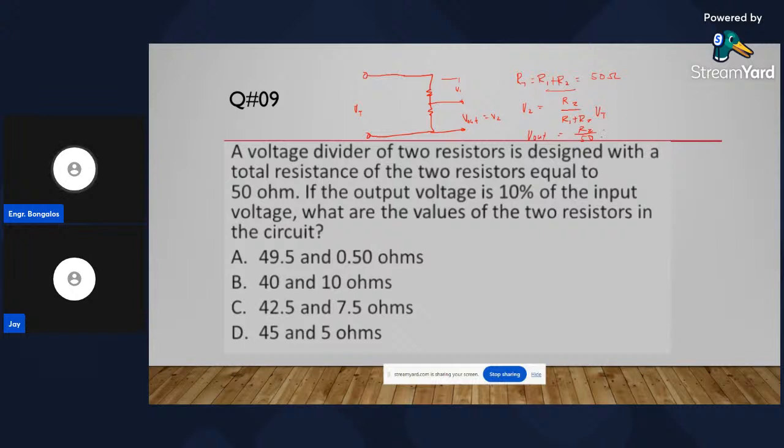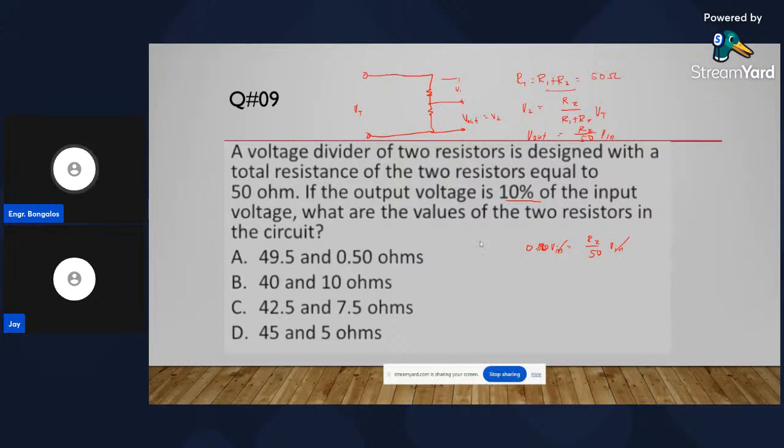Ano yung Vin natin? Sabi dito, the output voltage is 10% of the input voltage. So therefore, 0.10 Vin is equal to R2 over 50 times yung Vin natin. So, cancel yung Vin natin. So, 50 times 0.10.